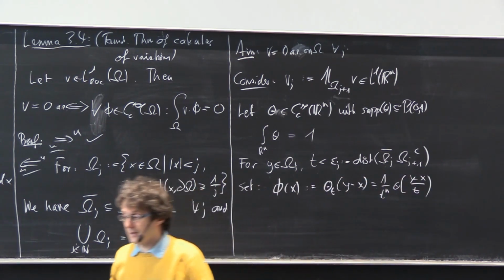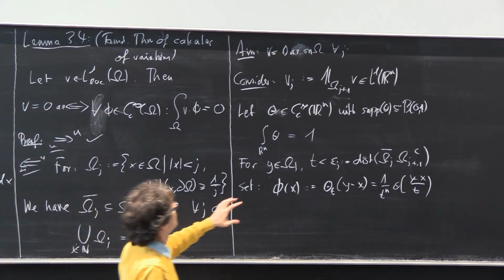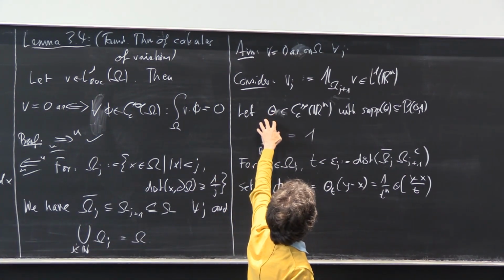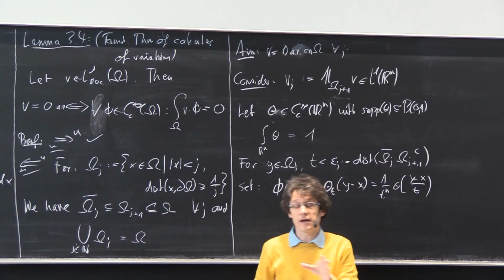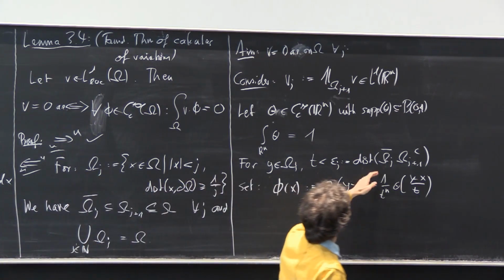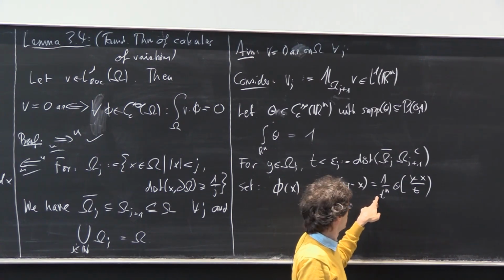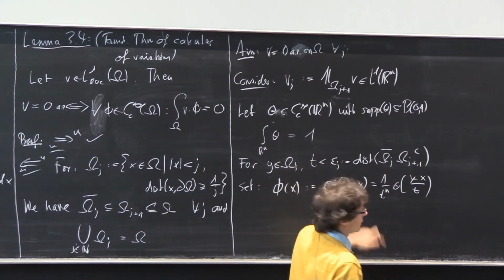So what this does is it takes the function theta with support in the unit ball, and it shrinks down the support. So theta t has a support in the ball with radius t, and this 1 over t to the n here is to guarantee that the complete integral over theta t still is 1.